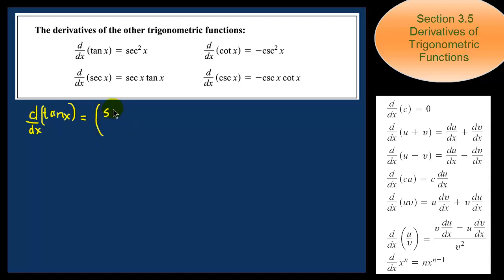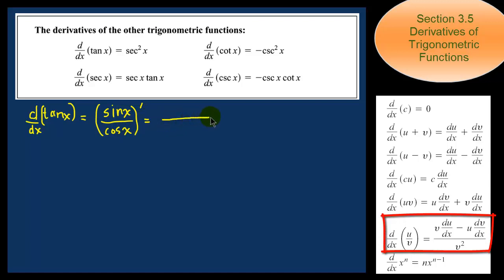By definition of tangent of x, it's equal to sine x over cosine x. So if we differentiate this, we're actually differentiating a quotient, so we will use the quotient rule. It's equal to, first let's go ahead and square the bottom, cosine squared x.